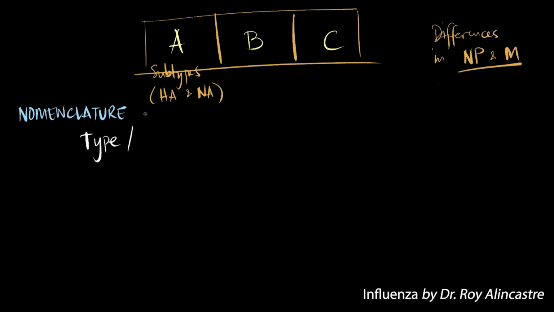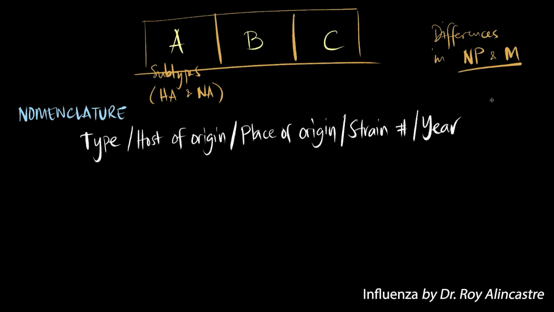And then the host of origin. This is placed if the original host is not a human. For human strains, this is not placed anymore, for example for type B and C. Then the place of origin or the location where it was first found, the strain number, and the year of isolation.